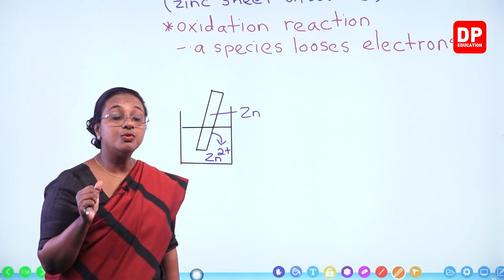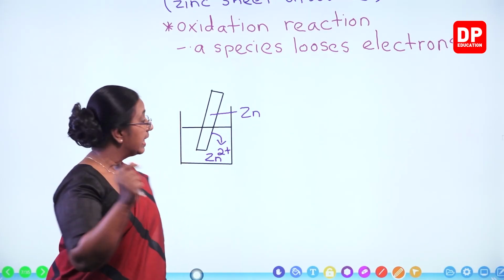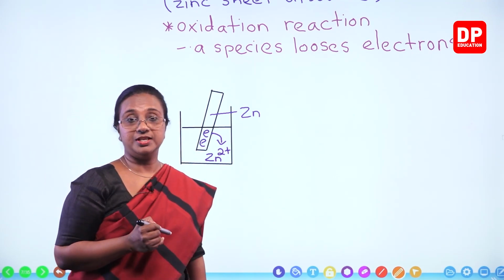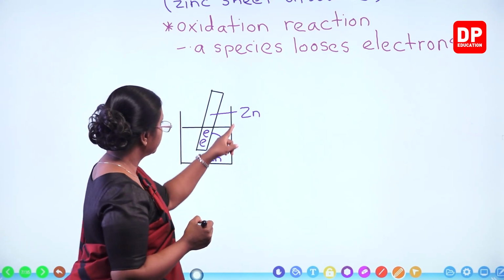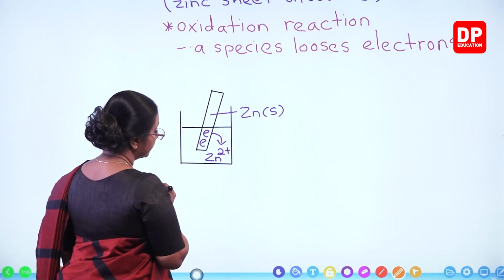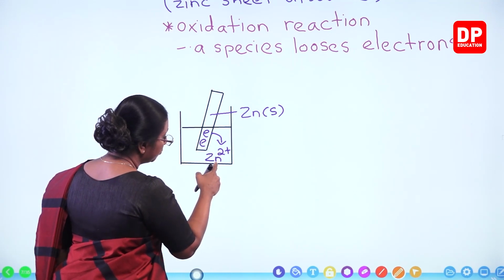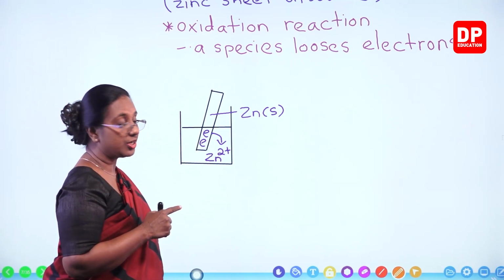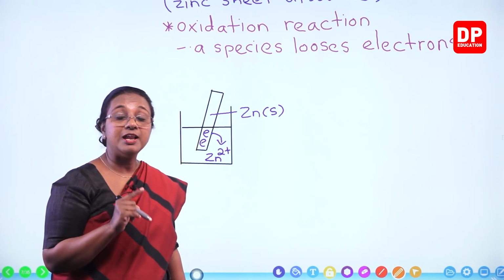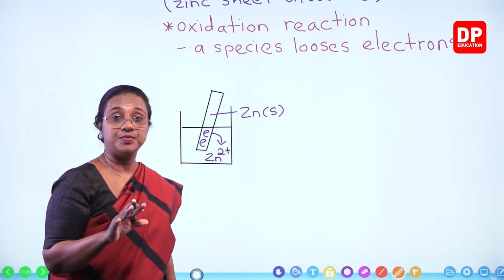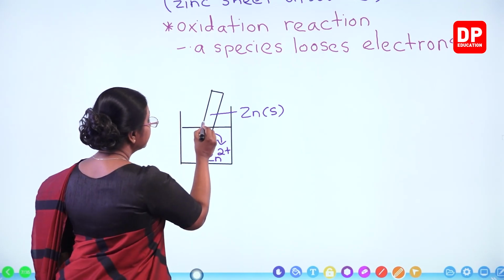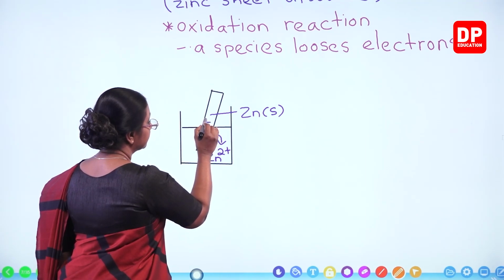So where do those electrons go? They remain in this zinc sheet. So the zinc solid loses electrons, and the zinc 2 plus ions go into the solution. At the same time, electrons remain on the zinc sheet. Electrons are negative charges. Here these are negative charges.